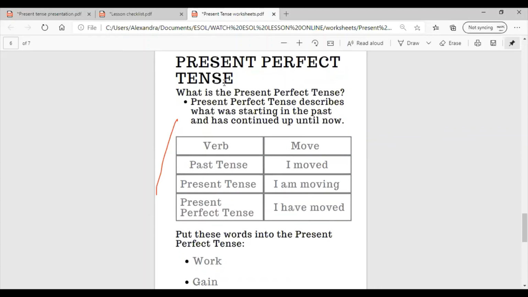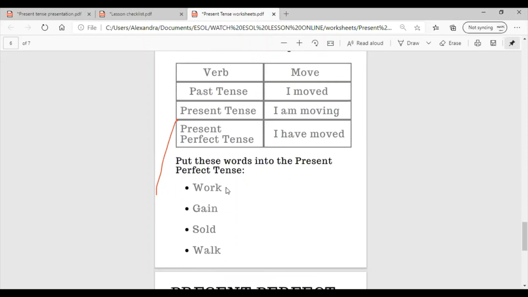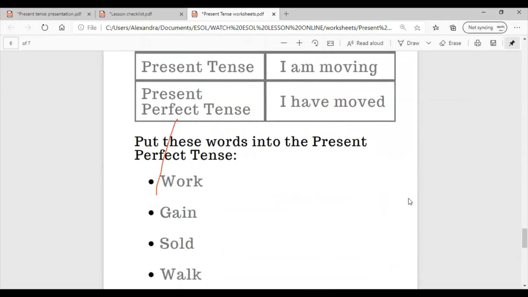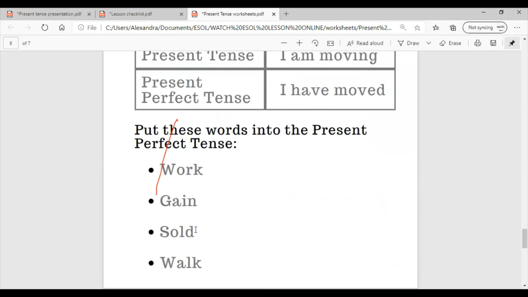So here is the worksheet on the present perfect tense. We've got a little explanation about what the present perfect is and the differences, so you can refer to this when you want to revise. And remember, we're going to put these words into the present perfect tense. Let's start at the start. We've got work. Now remember, the present perfect tense is something that started and has probably finished.